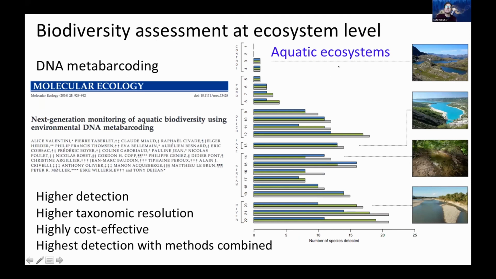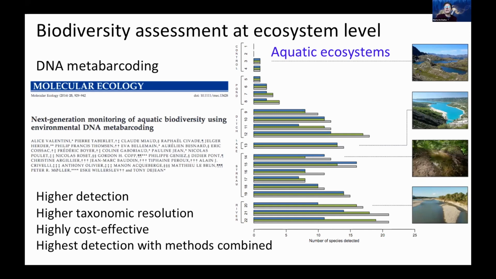And these studies showed that the eDNA method, the green bar in these graphs, outperformed the traditional biodiversity surveying methods, the blue bar in these graphs, in terms of the number of species that were detected. And the taxa were also detected with a higher taxonomic resolution and in a very cost-effective way, so with less effort compared to the traditional methods.